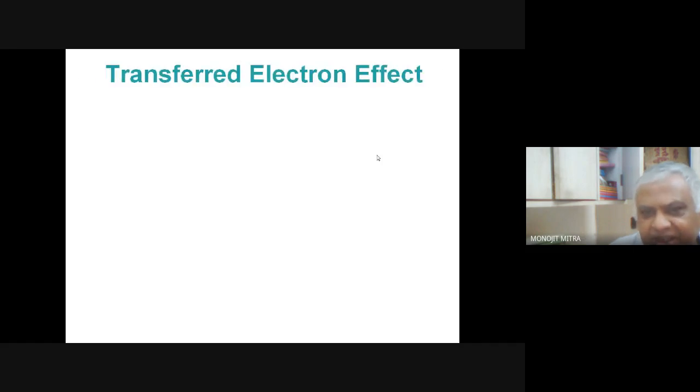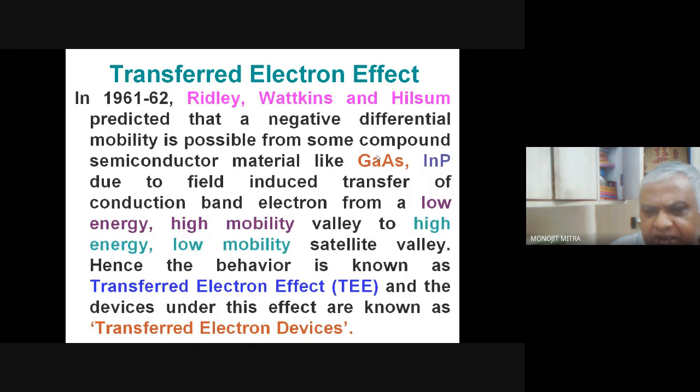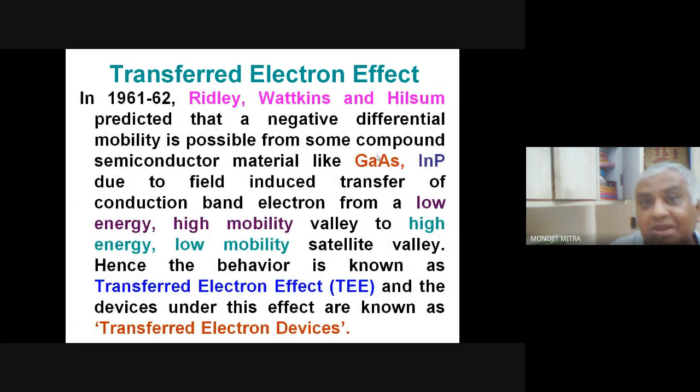The process they observed was named the transferred electron effect. Afterwards, based on this study, the devices that were realized, for example our Gunn diode, are called transferred electron devices.